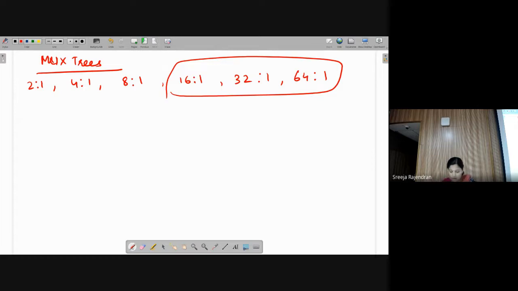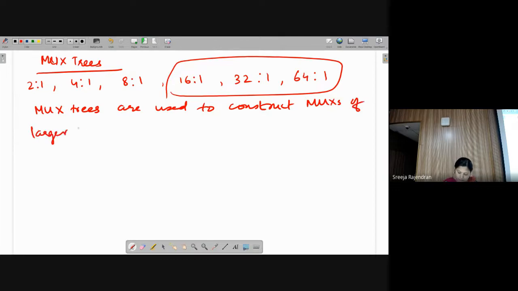So mux trees are used to construct muxes of larger complexity from smaller muxes.